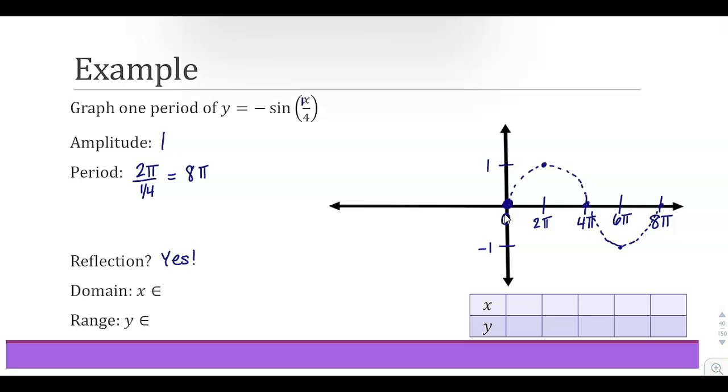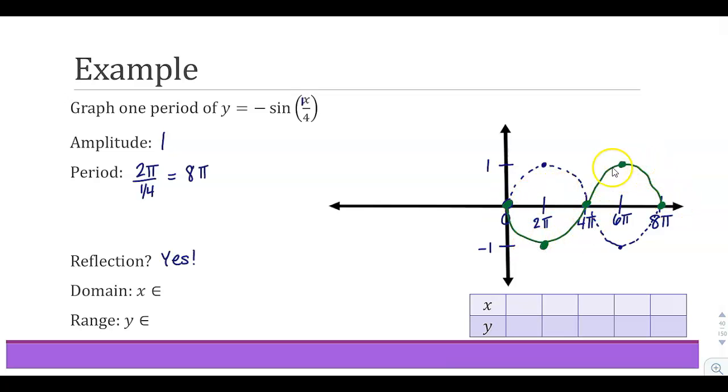So now I'm going to think about the idea of reflecting it. So this top part here is going to reflect and be below the x-axis. So I'll still have a point at 0, 0, but then I'll have a point at 2 pi, negative 1, and I'll still have a point at 4 pi, 0. So it'll look something like this. And then 6 pi will go up to positive 1, and then end up back at 8 pi, 0.